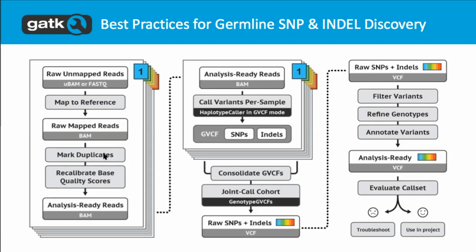I say that because there are much deeper procedures that you can follow for callset evaluation, but they're very dependent on what you're trying to find out. So that's why we won't do a deep dive into that, but we'll give you the general principles and at least get you started.